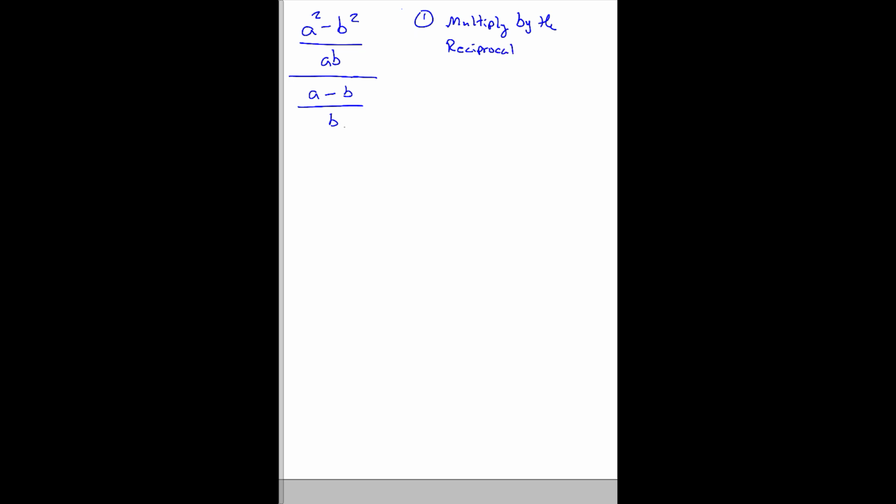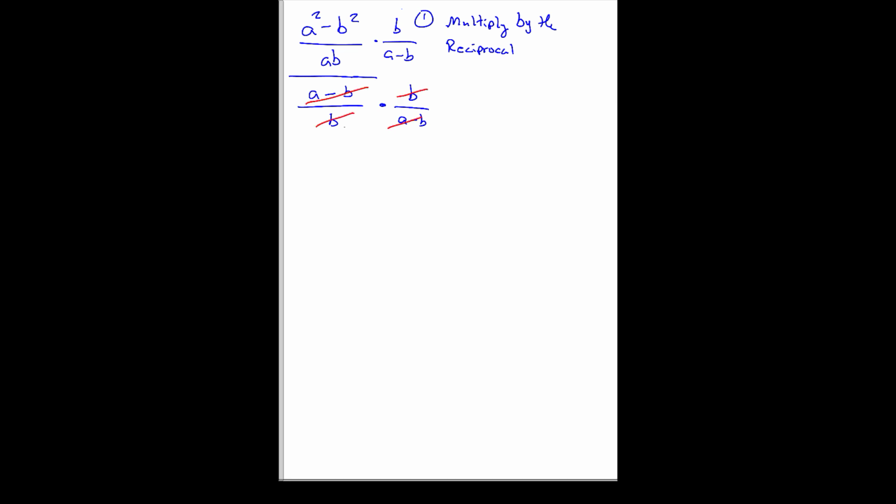In other words, we're going to take this bottom fraction right here, multiply it by the reciprocal, so b over a minus b, and then we're going to do the same thing to the top, b over a minus b. Okay? Now, the reason why we do that is because the bottom fraction actually goes away.